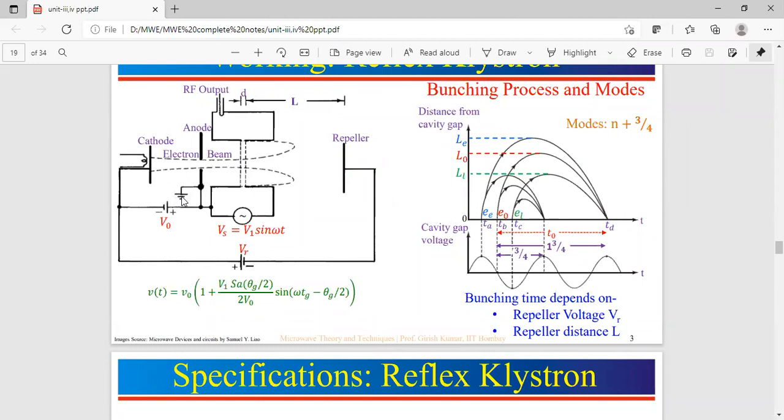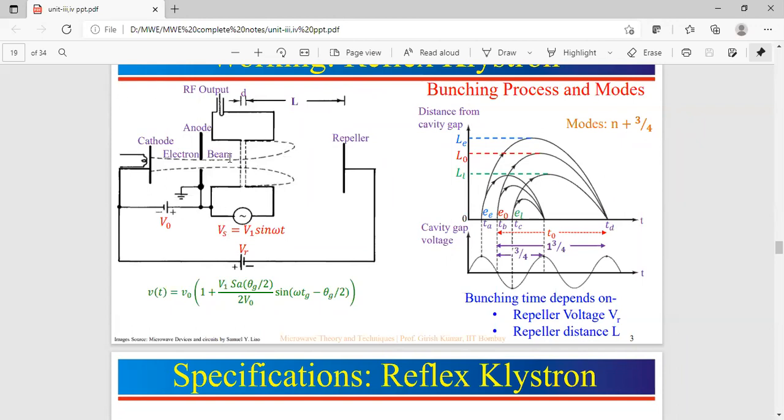And the repeller voltage is applied between 21 volts to 210 volts. Generally, this repeller voltage is applied as minus 21 volts to minus 210 volts with respect to cathode. Okay, so the structure of this reflex klystron tube consists of what?